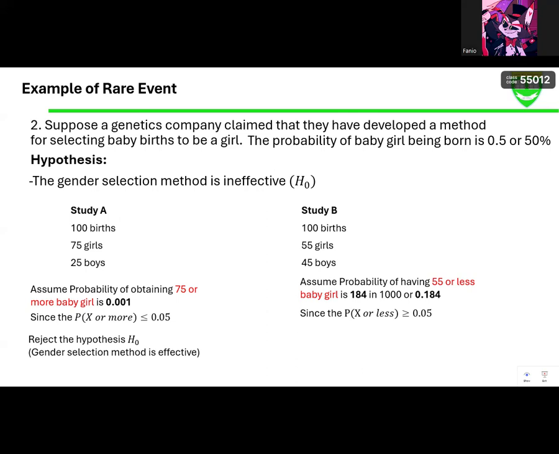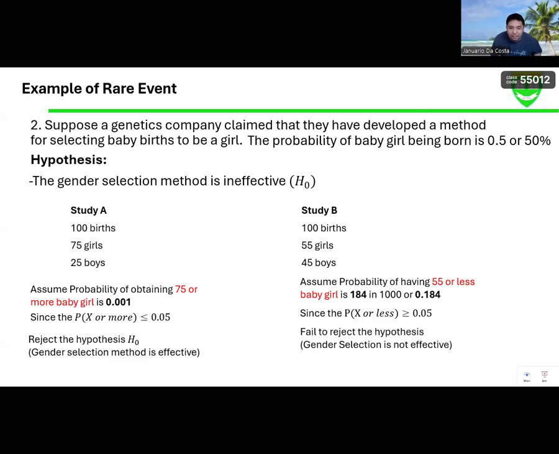Now, is this a rare event? No, it is not a rare event. Therefore, you fail to reject the hypothesis. That means you support the hypothesis that the gender selection method is not effective.